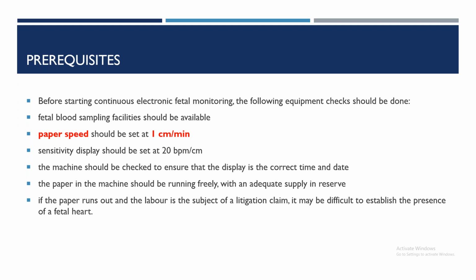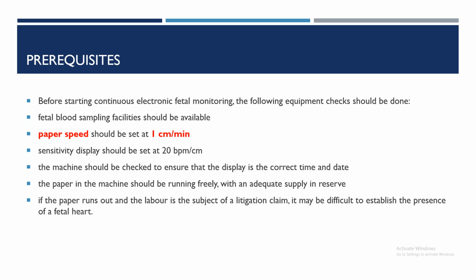If fetal blood sampling is not available, there is no point in documenting that the CTG is pathological without taking any action. In the UK, the CTG paper speed may be either 1 centimeter per minute or 3 centimeters per minute. But in the UK, almost all of the time, the paper speed is set at 1 centimeter per minute unless it is specified otherwise.